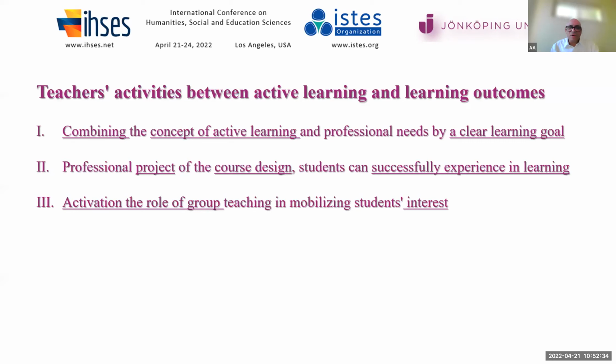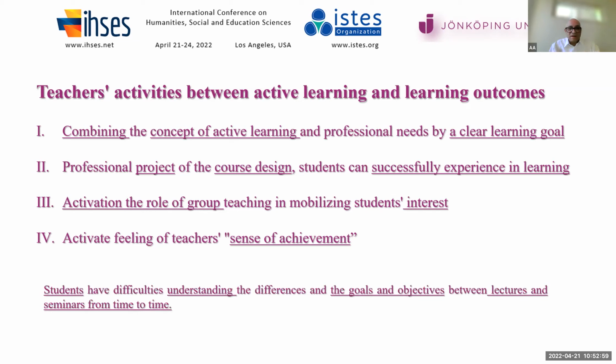The activation, the role of groups. Many students feel that they are isolated, so we start to activate groups or mini groups, and this can help students create interest in learning. In active learning, when the teacher feels a sense of achievement, he has something clear, and this can be reflected by students.